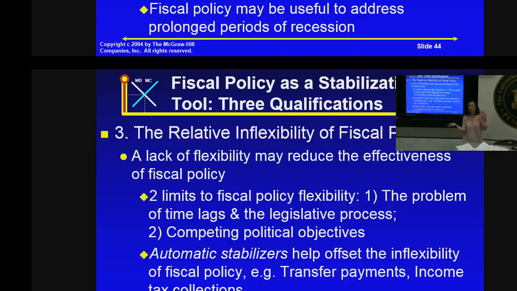So sometimes the 2 parties are fighting, saying, no, we don't agree, and then delay for another 6 months or so. So automatic stabilizers help to offset the inflexibility of fiscal policy. We talked about that before. Remember the chapter about Social Security, how you could index Social Security, built in, so that if there's a recession, then boom, it automatically adjusts and people will not have to suffer.